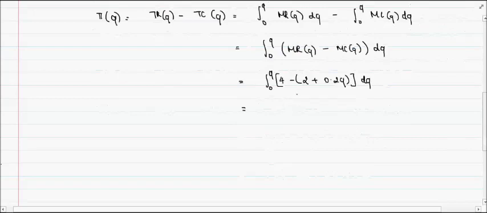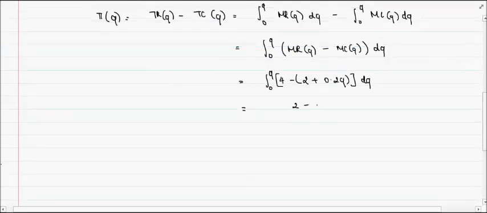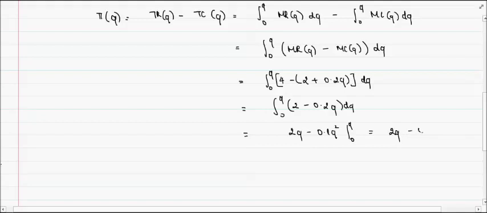That is 4 minus 2, which is 2, minus 0.2q dq, integrated from 0 to q. If we integrate this, we get 2q minus 0.1q squared, evaluated at 0 and q. That gives us 2q minus 0.1q squared.